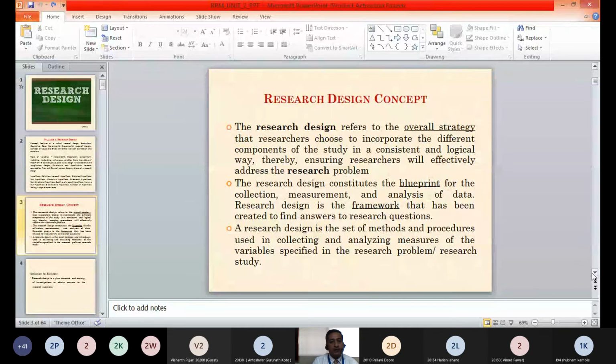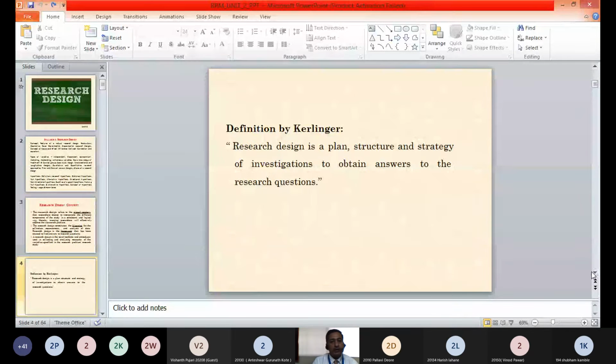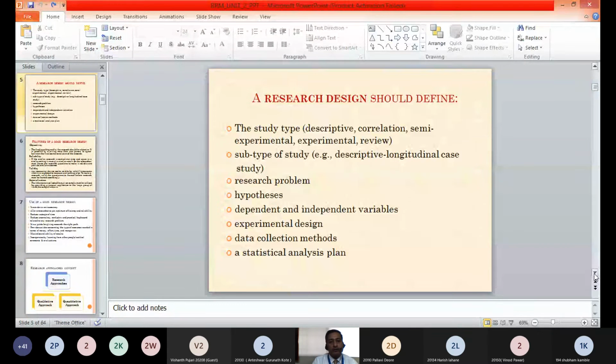In short, it is a plan, structure and strategy of investigation to obtain answers to the research question. Then we saw what a research design should include, or define. All these components we discussed.